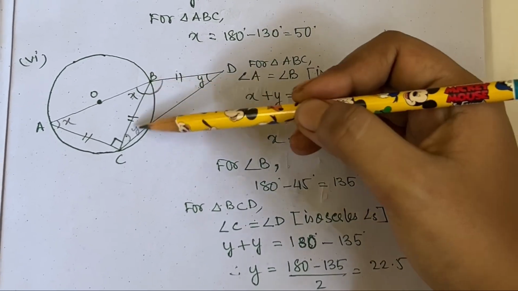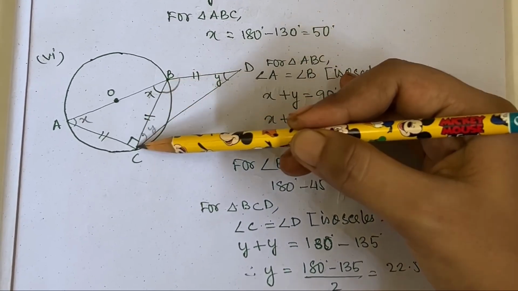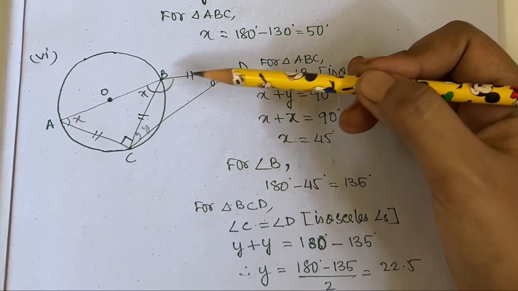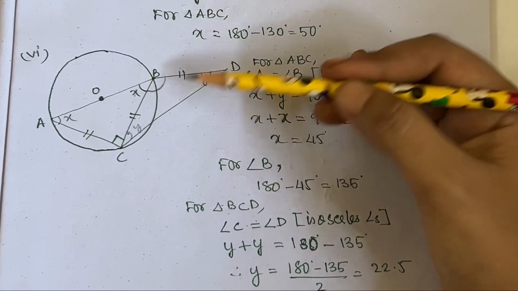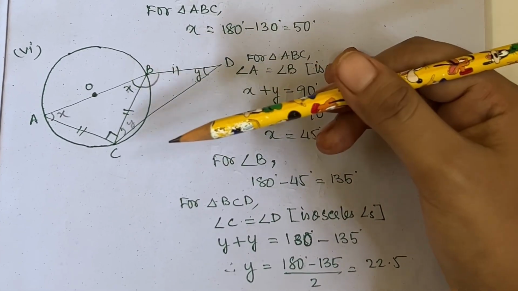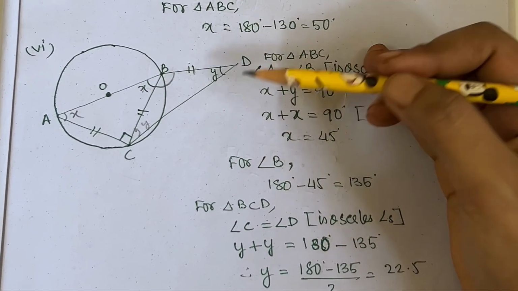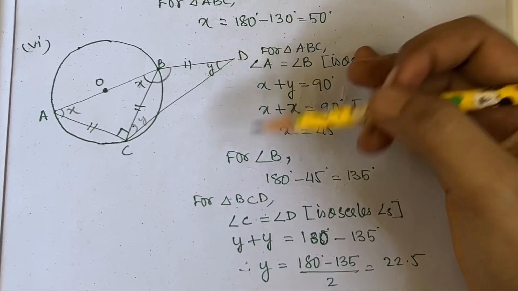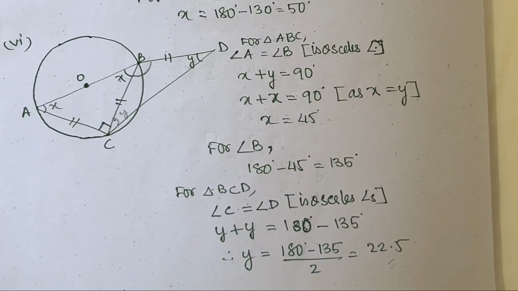So it will be 135 degree. Now for triangle BCD, angle C will be equal to angle D because of isosceles triangle. So y plus y will be 180 degree minus 135 degree. So therefore y will be (180 degree minus 135) by 2. That will come to 22.5 degrees.